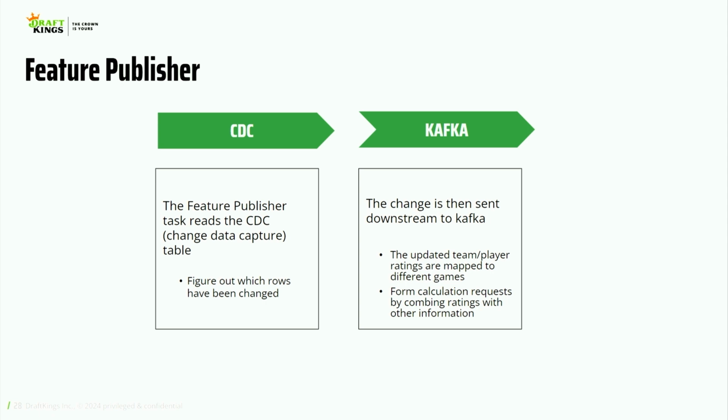Downstream, we have a service which contains all the information of the different players or teams participating in the upcoming game, and it maps the corresponding ratings to that game. Those ratings are combined with other game information to form calculation requests, which are sent to our sport engine for calculation.